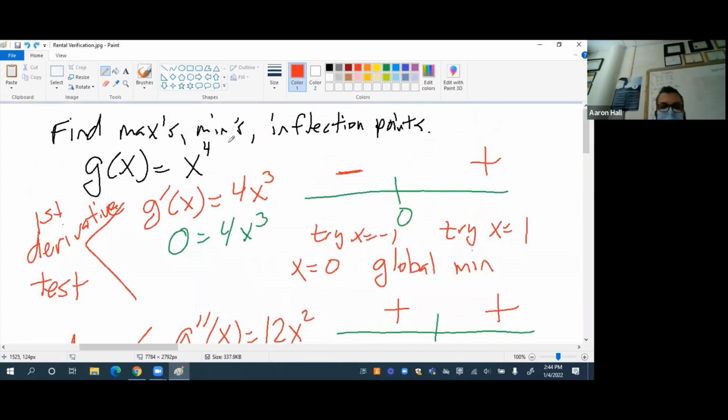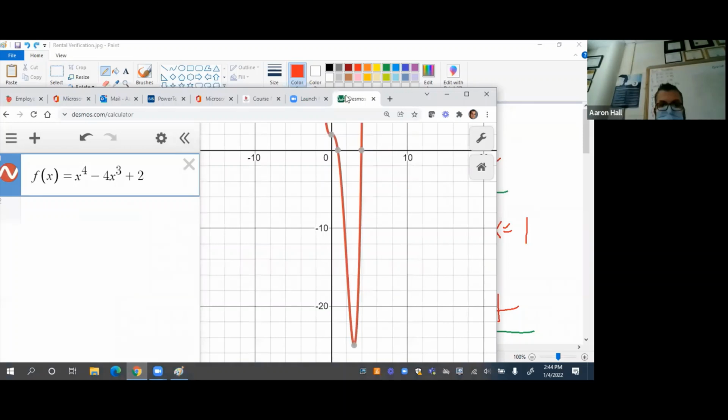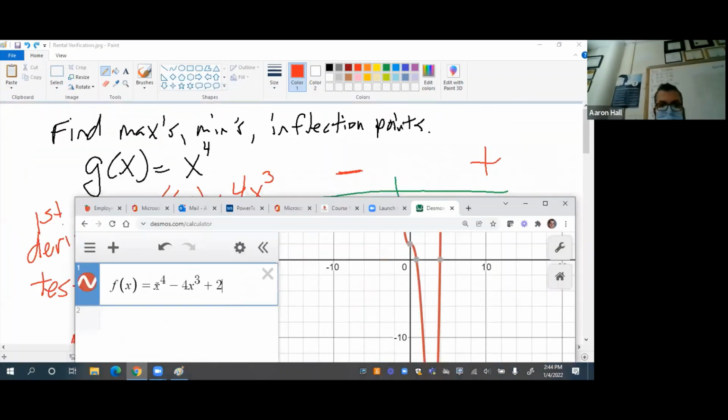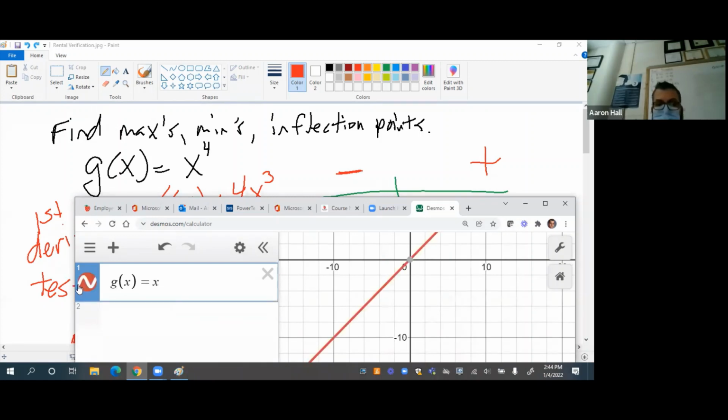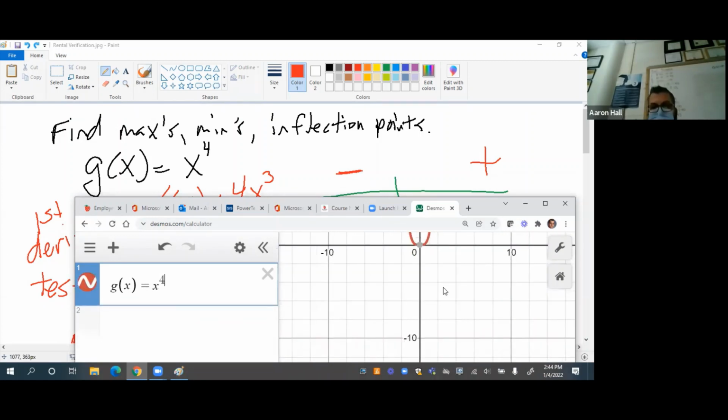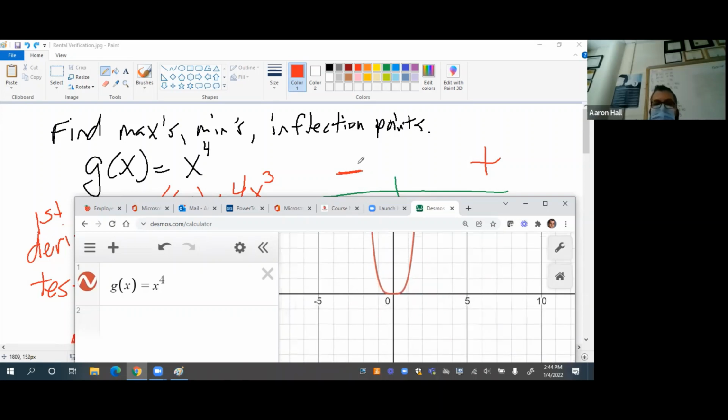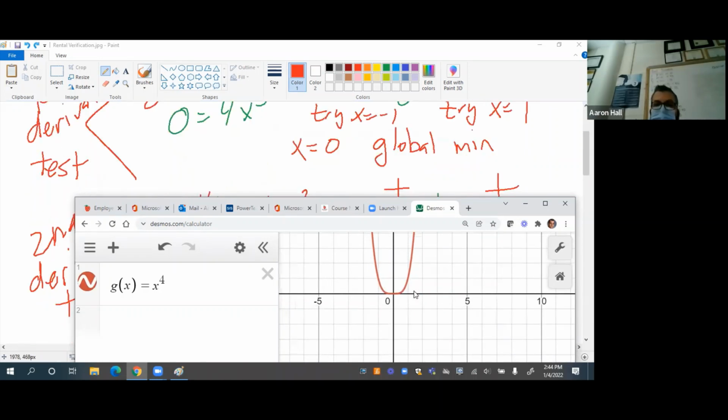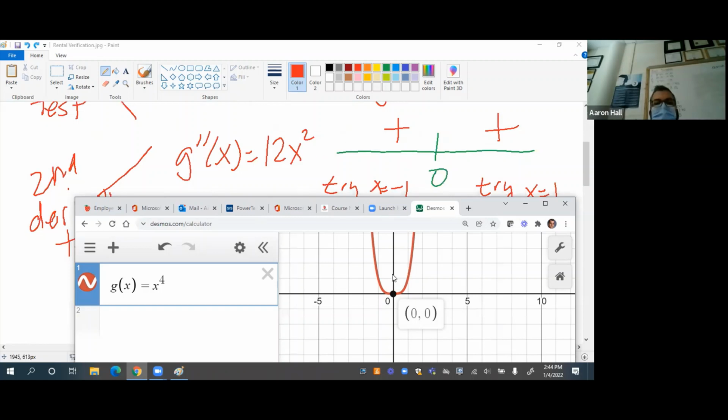What does this graph look like? Does anybody know? I have g of x equals x to the power of 4. It looks like this. We said that this was a global minimum. When x equals 0, is that a global minimum? Yes. Now, the second derivative test said that it was concave up followed by concave up.